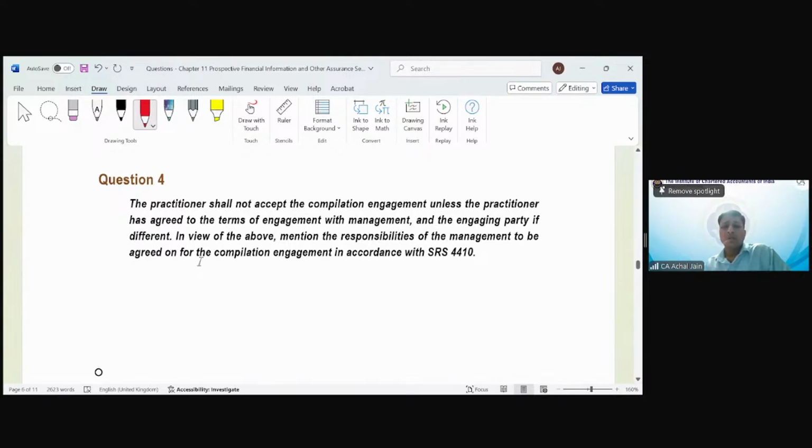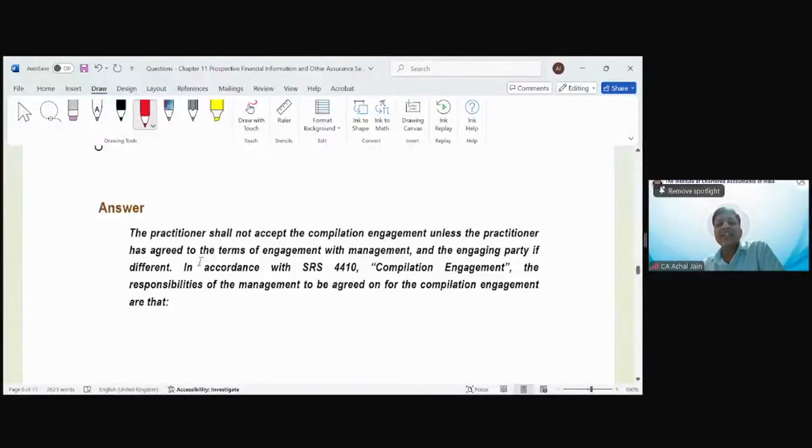Now, the practitioner shall not accept the compilation engagement unless the practitioner has agreed to the terms of the engagement with the management and the engaging party, if that engaging party is different. In view of the above, mention the responsibilities of the management to be agreed for.